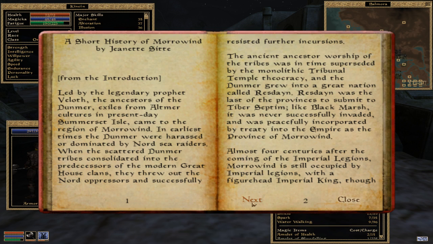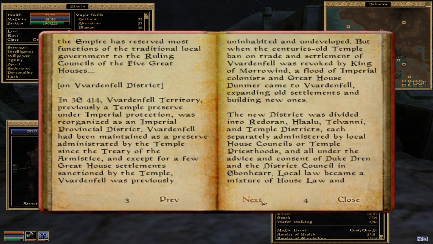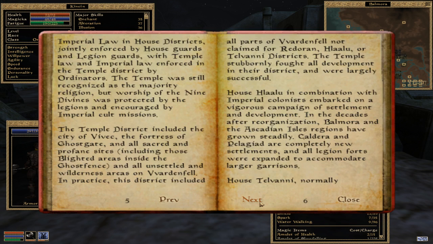Almost a fourth century after the coming of the imperial legions, Morrowind is still occupied by imperial legions with a figurehead imperial king, though the empire has reserved most functions of the traditional local government to the ruling councils of the five great houses.